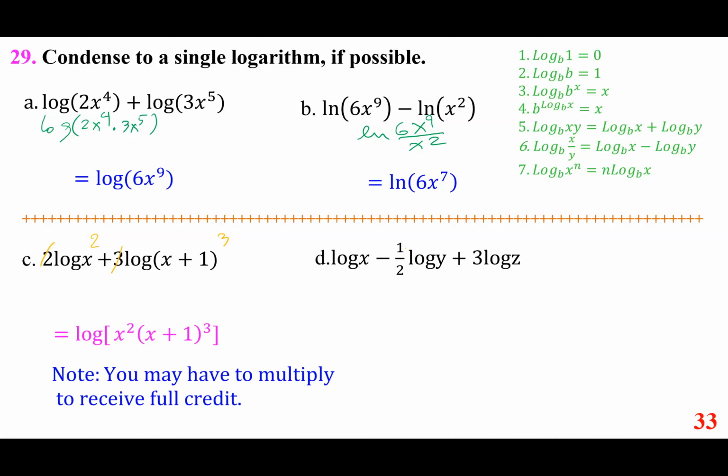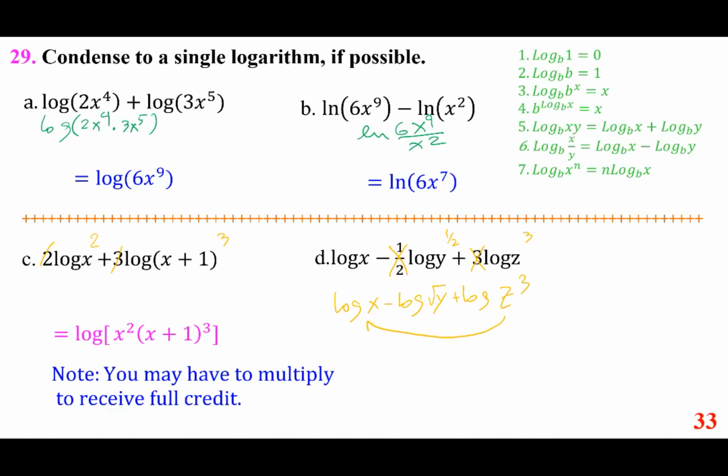Let's go to part D. First and foremost, I get rid of the 1/2. I get rid of the 3. So what we have here is log x minus log of y to the power of 1/2, the square root of y, plus log c cubed.